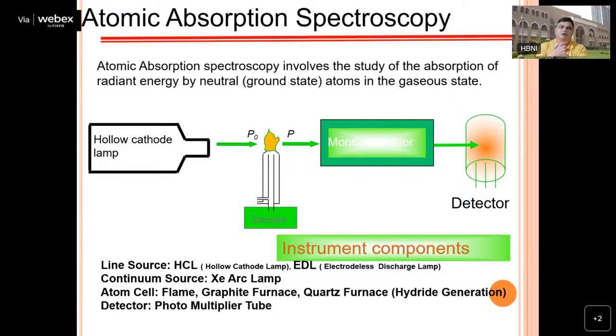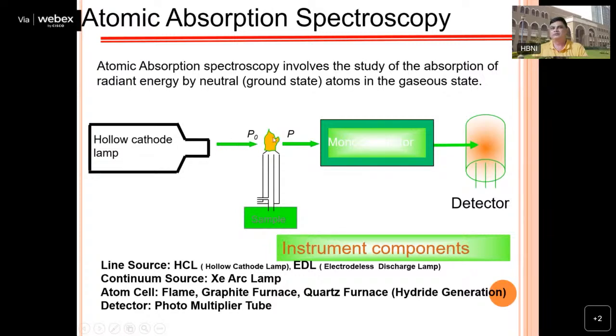This is generally a simple diagram for atomic absorption spectroscopy. See, once you have an atom in the gas phase, this is a very important step. There is a hollow cathode lamp. For example, if I am analyzing lead in my liquid samples, then I will have a hollow cathode lamp of lead only. That means it emits radiation coming from lead only.